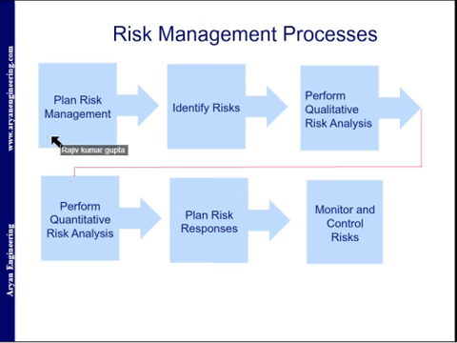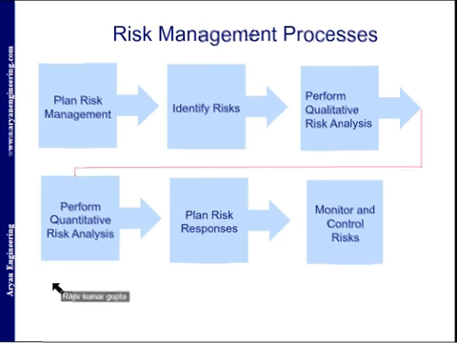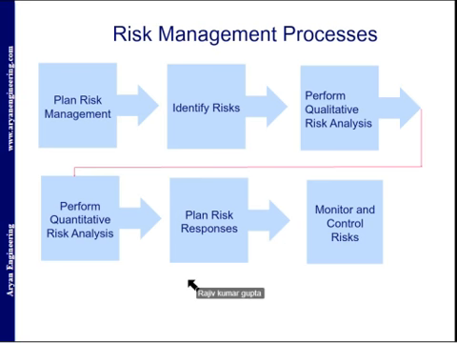Now I took this from the risk management chapter of the PM book. In the PM book, they identify 6 processes. These processes are: plan risk management, identify risk, perform qualitative risk analysis, perform quantitative risk analysis, plan risk response, and monitor and control risk.